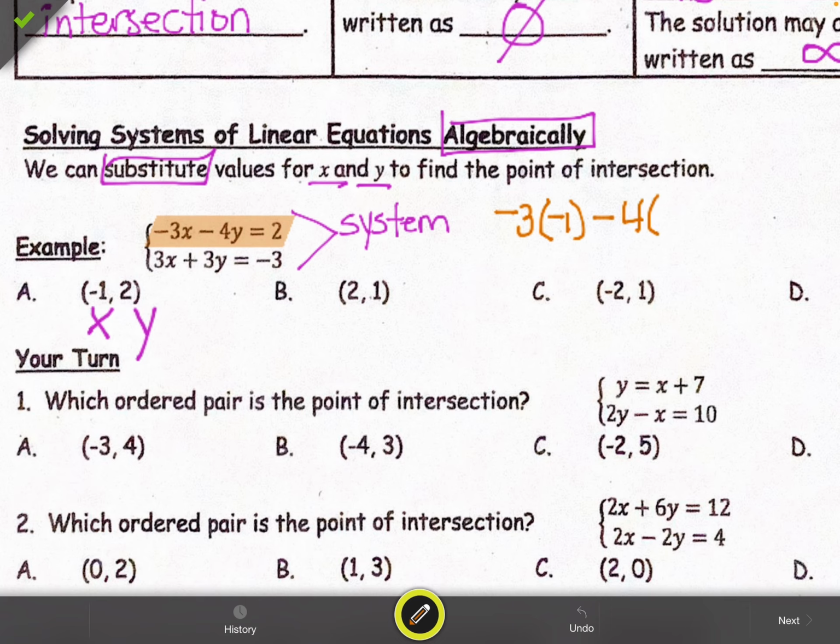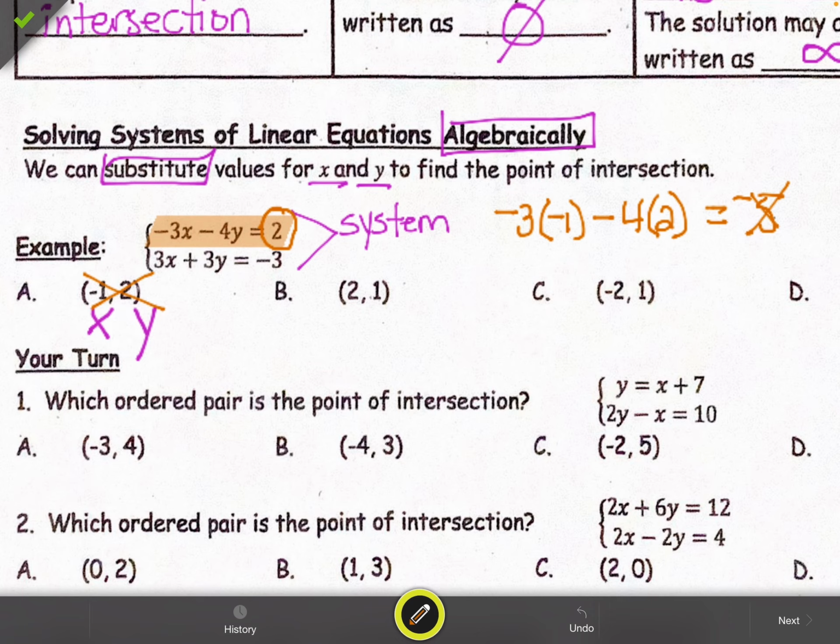So 4 instead of y, we would put 2. And then we would simplify that and see if we actually come up with an answer of 2. So let's see, that would be 3 minus 8, so that would give me -5. That is not what we want. So this is actually not going to be the point of intersection because it doesn't work.